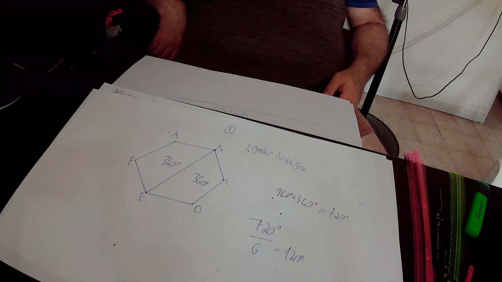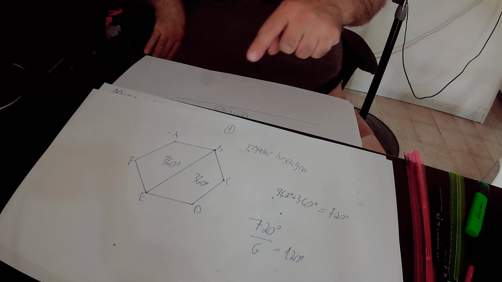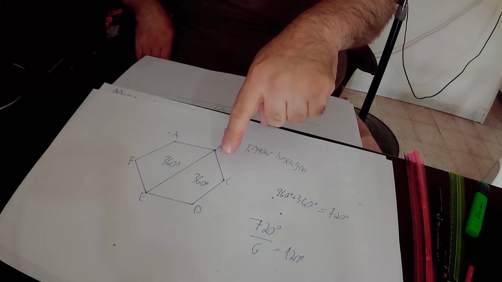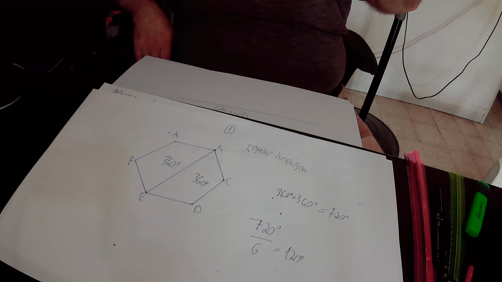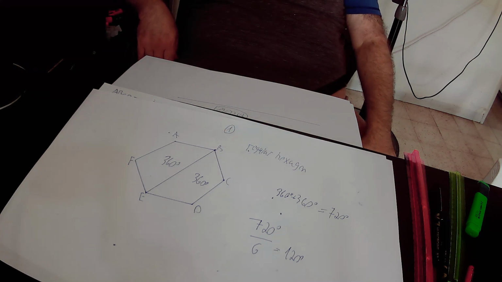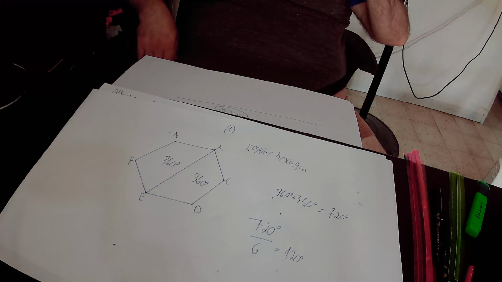The sum of the angles in any quadrilateral is equal to 360 degrees. So the sum of the angles in quadrilateral ABFE is 360 degrees, and the sum of the angles in quadrilateral BCED is also 360 degrees, and the sum of the angles in those two quadrilaterals in total will be equal to the sum of the angles of this regular hexagon.